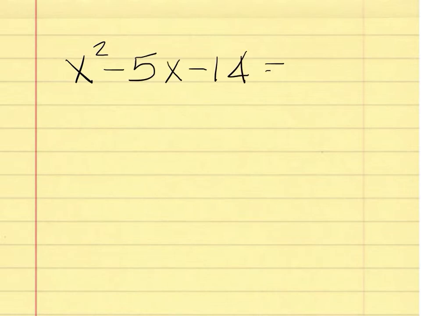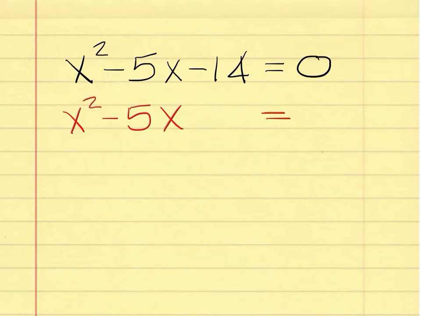This next example is x squared minus 5x minus 14 equals 0. Your first step, in fact all the steps are still the same, but you have x squared minus 5x, and move the minus 14 to the right, make it positive 14.